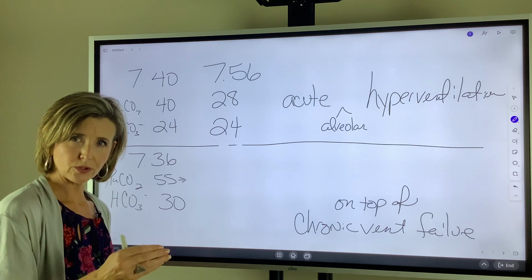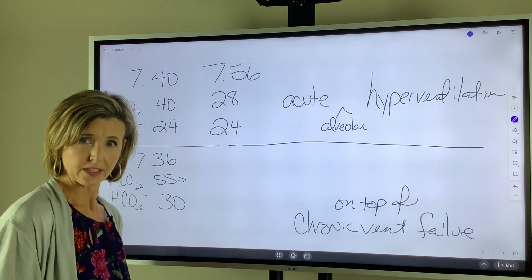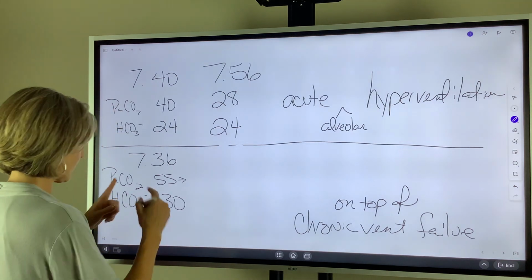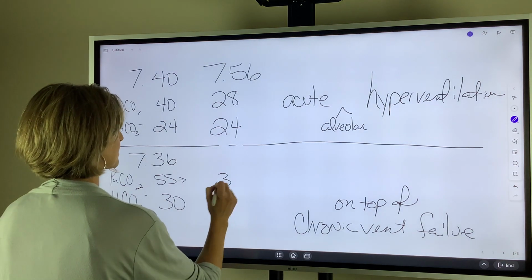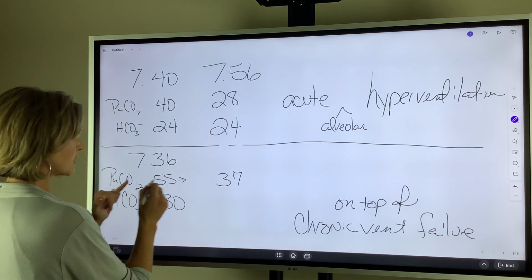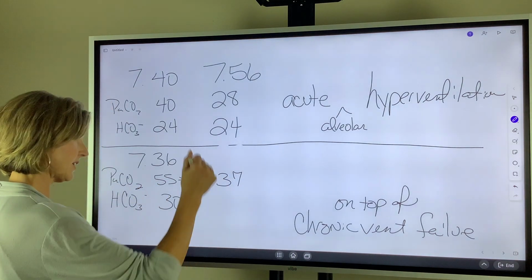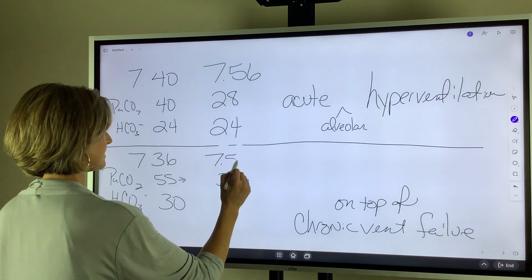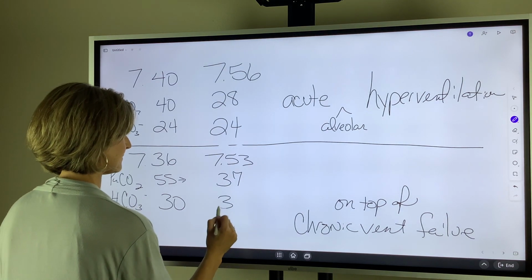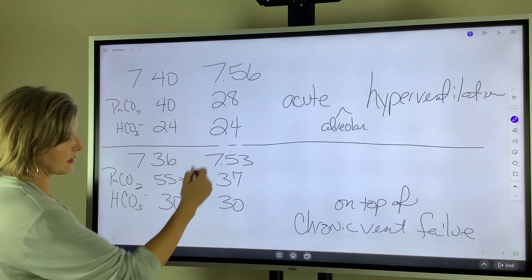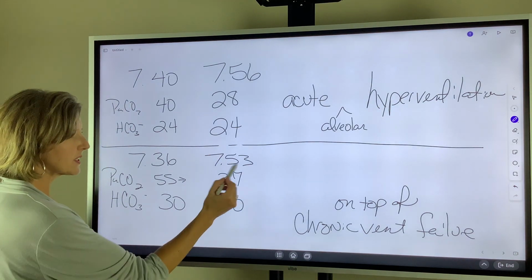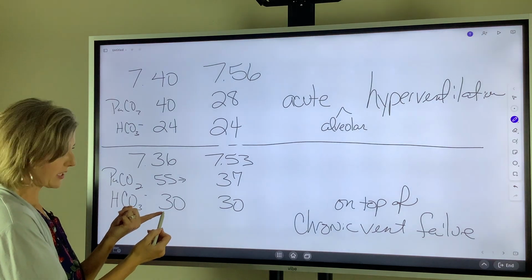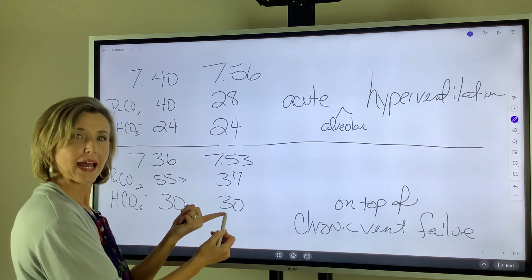And when they do, their respiratory rate is going to increase and they're going to blow off their CO2. So this patient, maybe when their respiratory rate starts increasing, their CO2 drops to 37, and when CO2 drops, pH increases. All right, but when I look at this, I know this is an abrupt change in status because look, they started out with a bicarb of 30 and the bicarb hasn't moved.